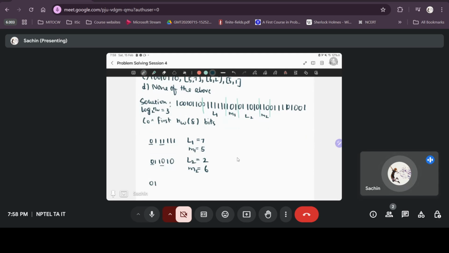Next you have 0 1, which has a single 1. So the next two bits represent the length of L. So 1 1 represents the length of L. So that is 3. So the next three bits represent L. So that is 101.